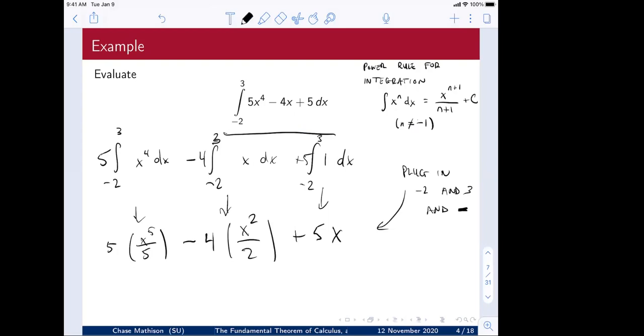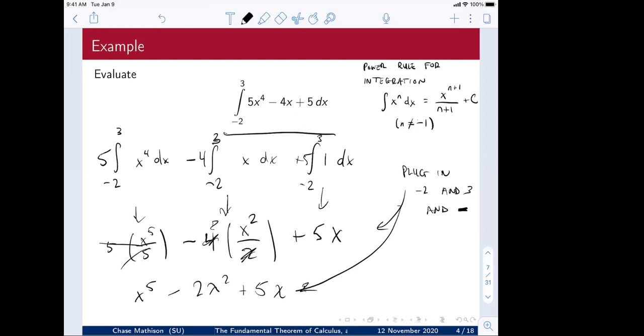First I'll simplify before I do that. This is 5 over 5. I'm going to get x to the 5th minus 2x squared plus 5x, right?